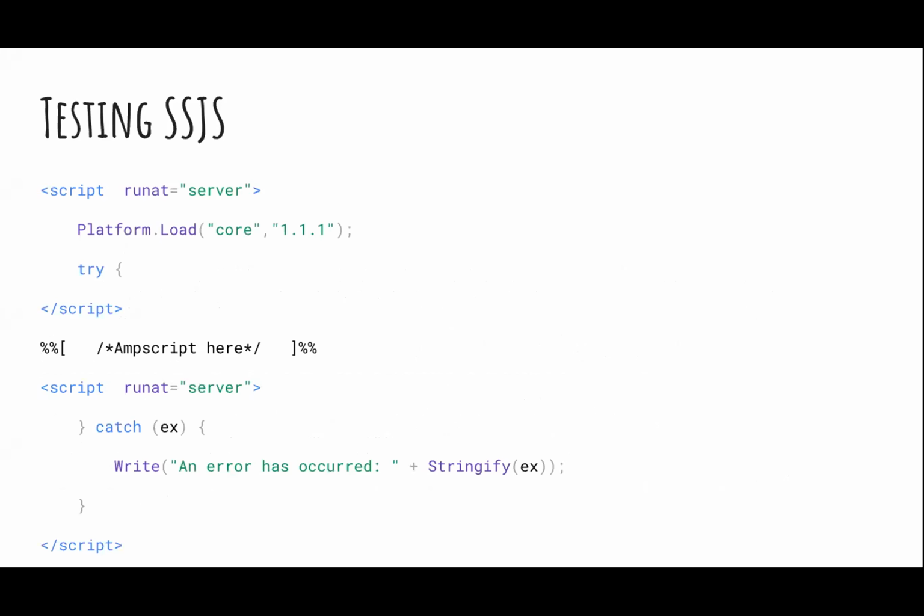You can also wrap your AMPscript with a TryCatch. So that's another example of combining the two languages to provide some benefit. You might only really have a small chunk of JavaScript in your page, and the majority is AMPscript, but it can help catch some errors.